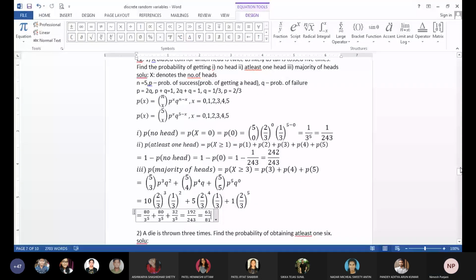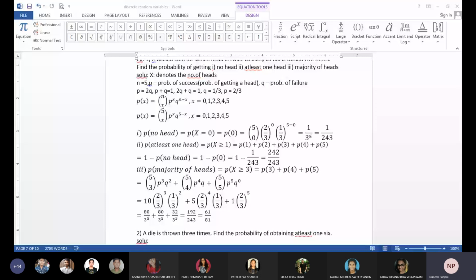Sir, can you explain it once again, of the third sub question? Yes, sir. Okay, we want to find the probability of majority of heads. Majority of heads means number of heads should be more than number of tails.